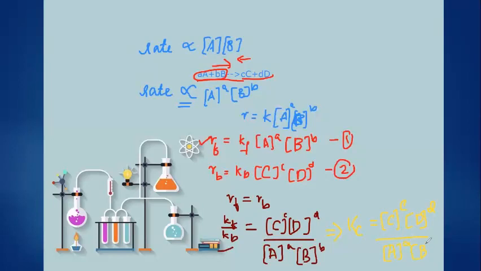So what we've gotten here is the expression called the law of chemical equilibrium.